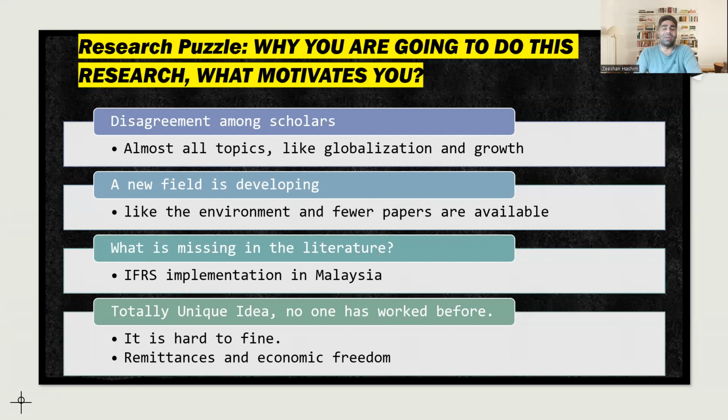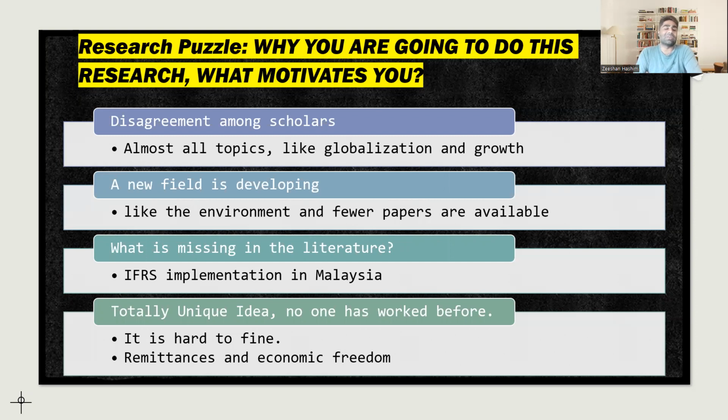So it's very hard to find, but there are some unique ideas or totally new research gaps. For example, recently I finished one research project about remittance inflows to developing economies, low and middle income countries, and its impact on economic freedom there.